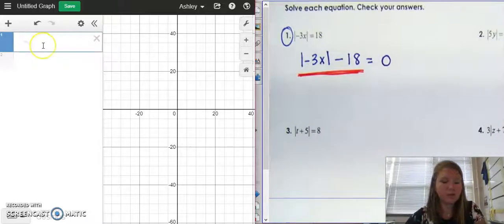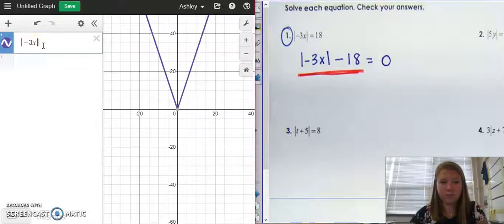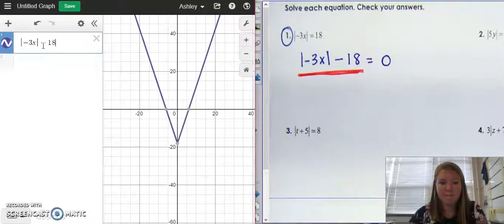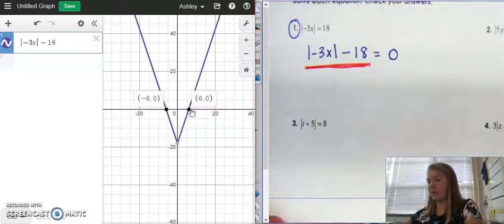So looking at Desmos, I'm just going to come over here and type in my absolute value bars. And notice that I crossed the x-axis in 2 places. So that's where my equation would equal 0. And that's at x equals negative 6 and x equals positive 6.